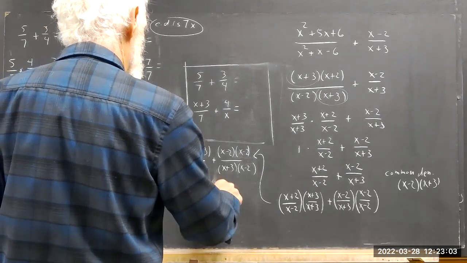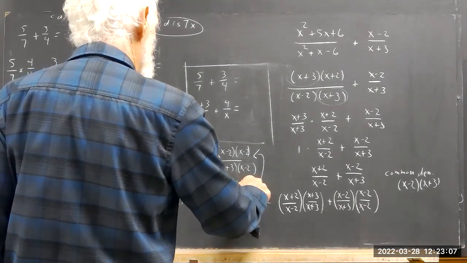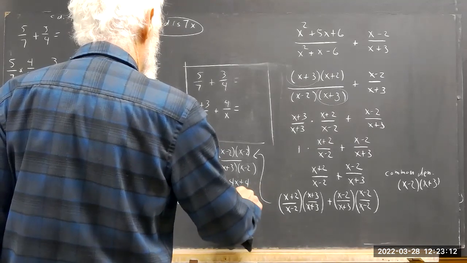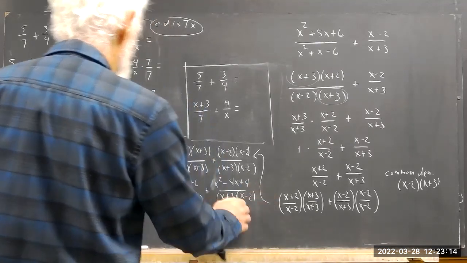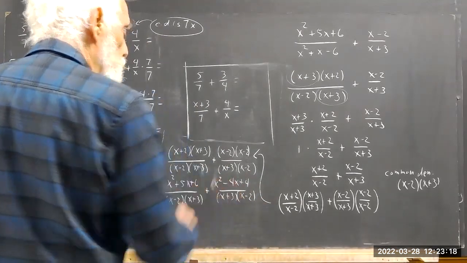plus (x² - 4x + 4) over (x + 3)(x - 2), which is of course the same as (x - 2)(x + 3). So now I can add the numerators.